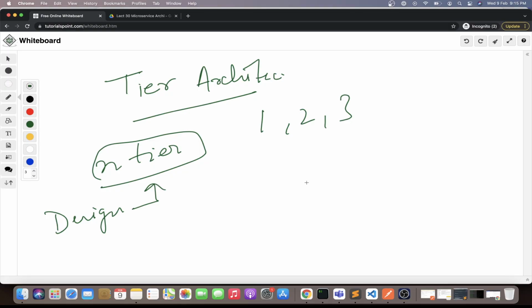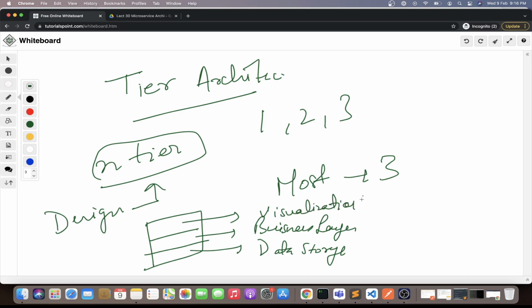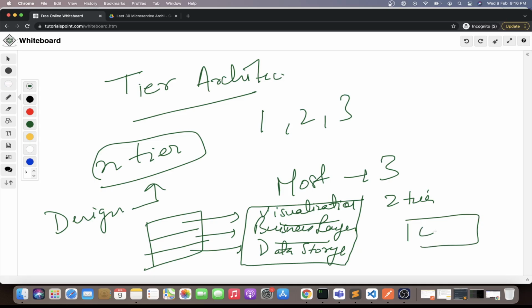So the most common is the 3 tier, that has 3 tiers. This is the data storage layer, this is the business layer, and this is the visualization layer. Cool, guys. And there is also a 2 tier architecture which has only the client tier and the data tier.